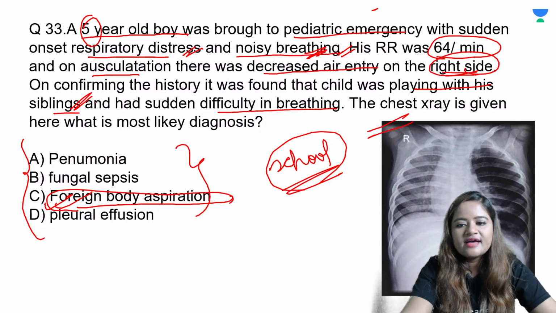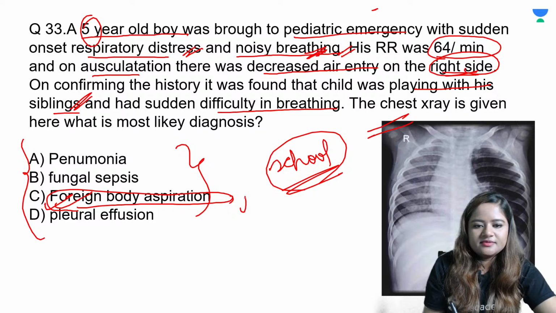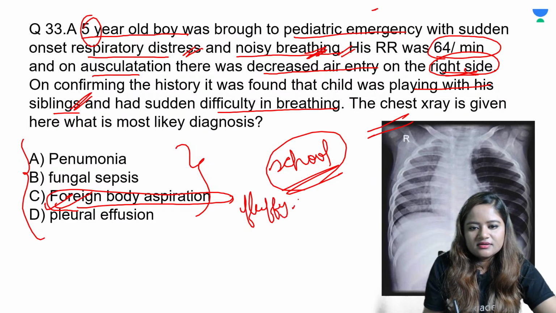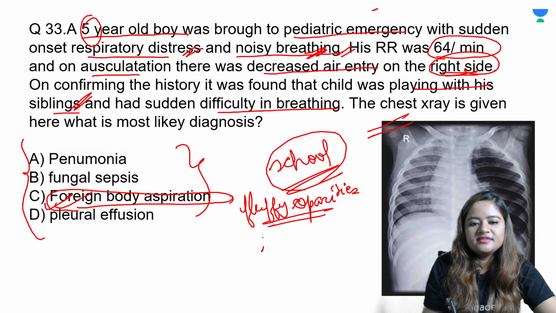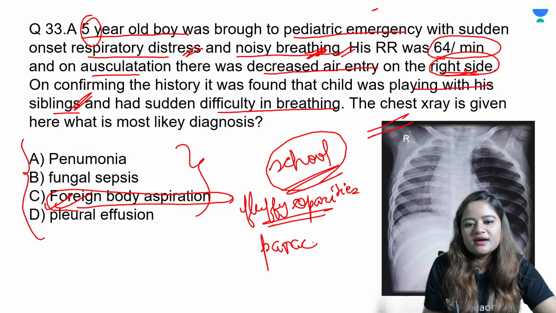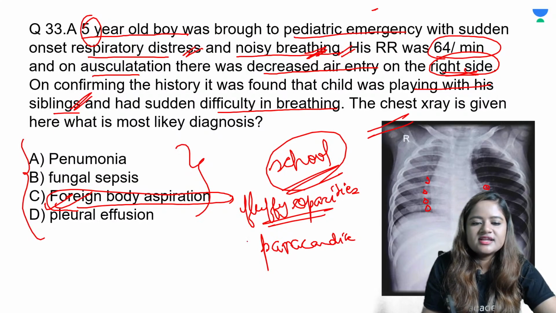Fungal sepsis, you will have fluffy opacities, which is classically present. Fluffy opacities will be present, sparing the paracardiac parts. If there is paracardiac involvement, that means if you find the opacities only in and around the cardiac regions, that is classically for pulmonary manifestation of worm infestation.